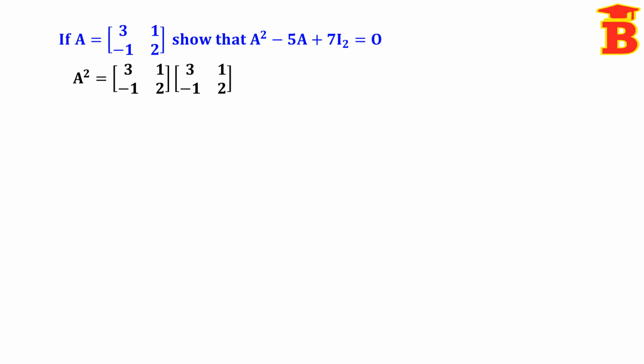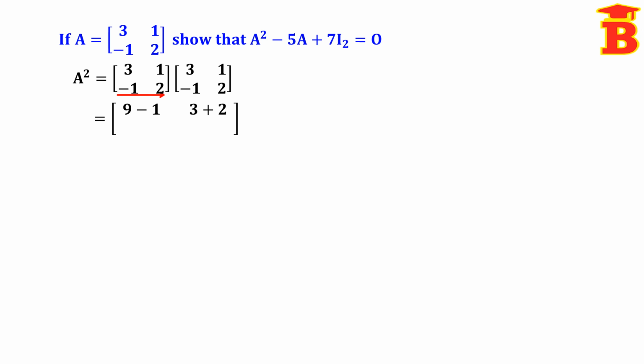First, A square equals A matrix into again A matrix, that is [3, 1; minus 1, 2] into again [3, 1; minus 1, 2]. We follow the row by column method. So take first row multiply first column: 3 into 3, 9, 1 into minus 1, minus 1. Next first row second column: 3 into 1, 3, plus 1 into 2, 2. This is the first row.